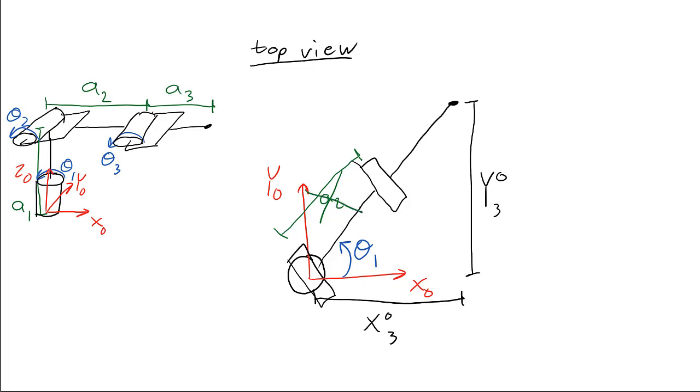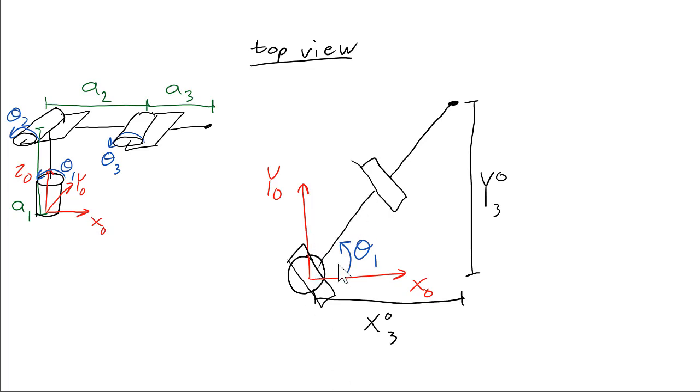The reason why this is not A2 is because the joint theta 2 might be rotated so that this link is pointing up towards us or down away from us. And what we're actually seeing is the projection of the link A2 on the XY plane.